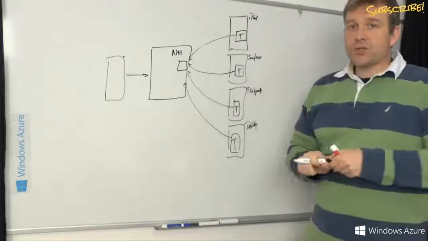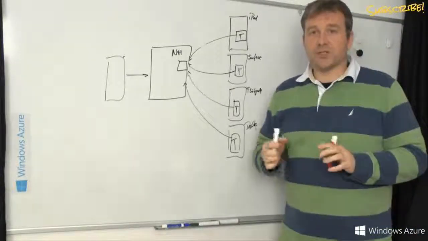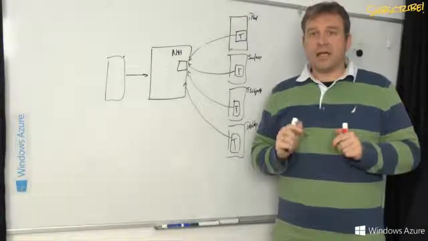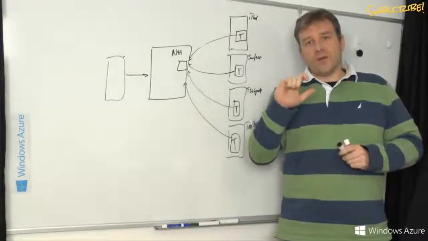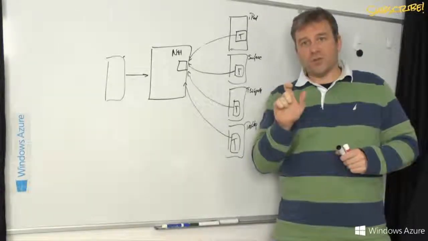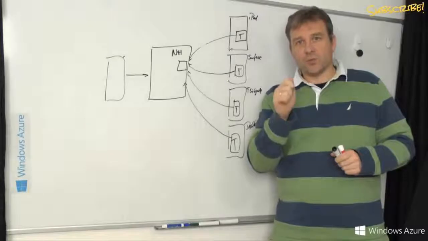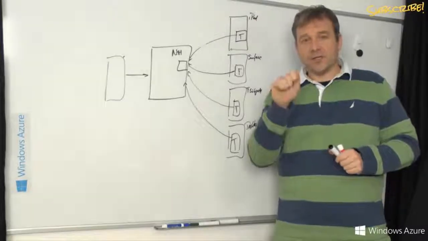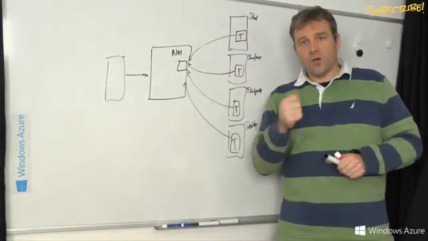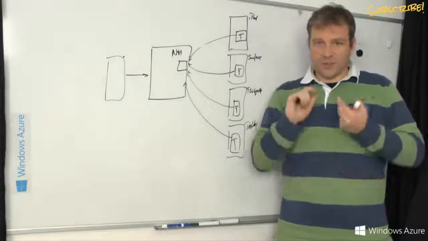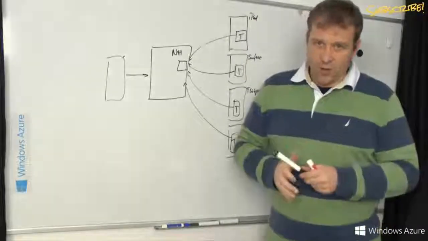So we have a notion of a notification hub being associated with an application, and that manifests by you only having one slot for how you associate credentials with a notification hub. So you can associate one set of credentials for the Windows Store. You can associate one set of credentials for iOS.